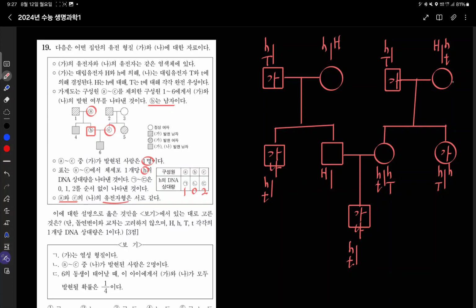And the individual number 3 doesn't have the second trait as well as the first. She also has one capital T allele.